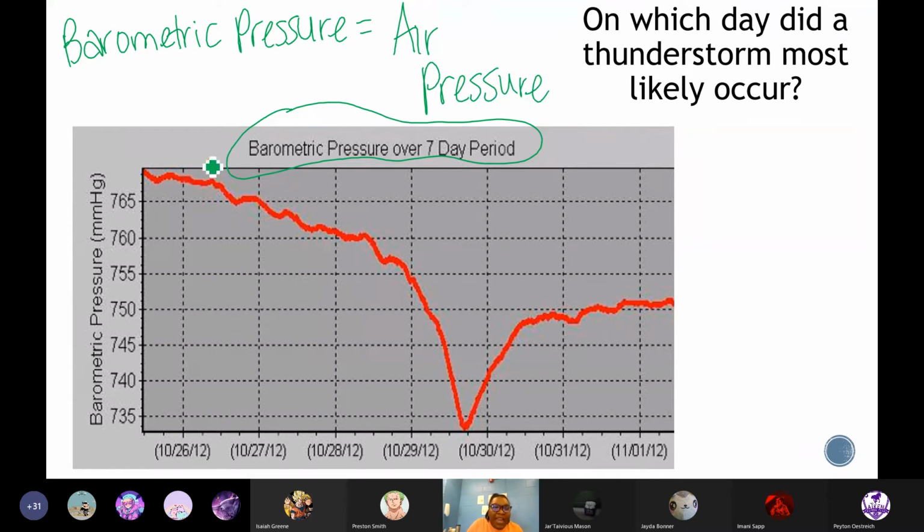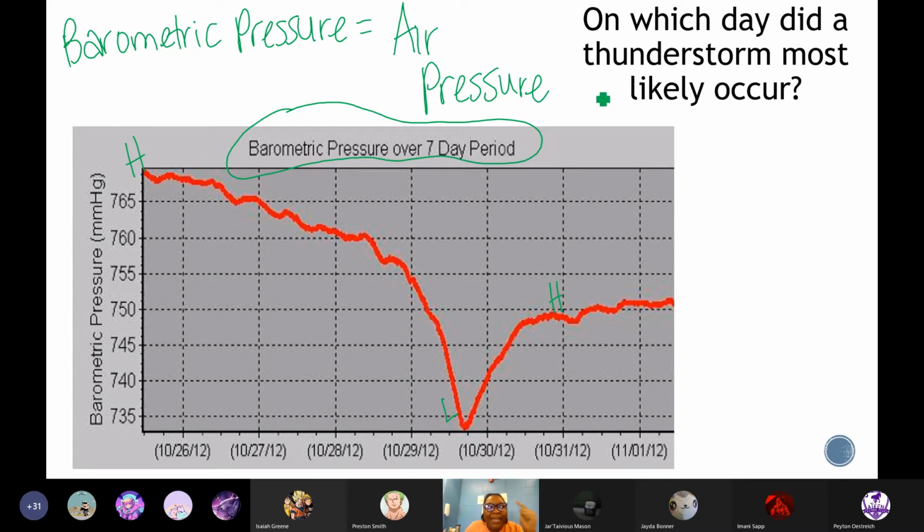So we're looking here at the air pressure. The air pressure on this graph starts off high, then it becomes low, then it starts to rise back up again and go high. The question that Ms. Neville asks you here using this line graph is, on which day did a thunderstorm most likely occur?